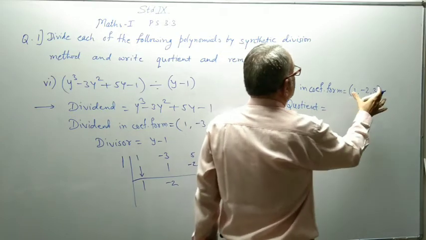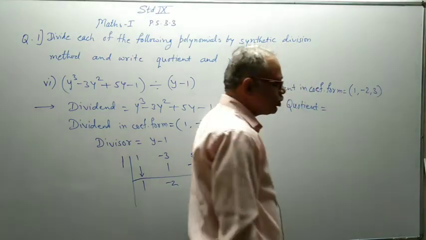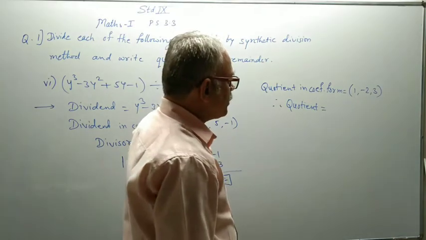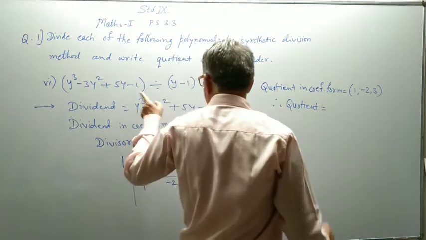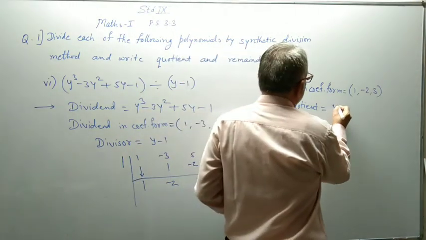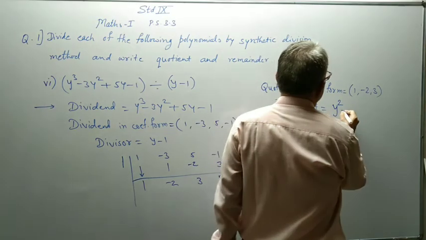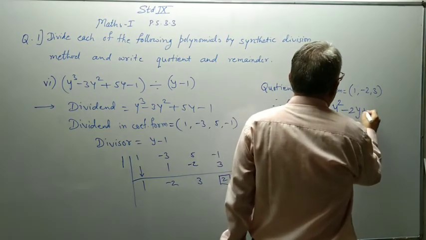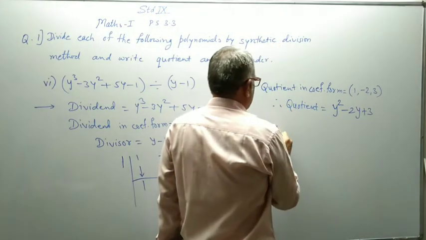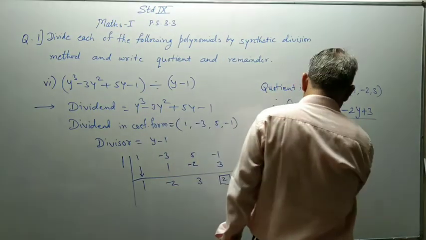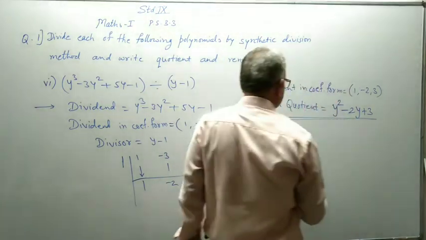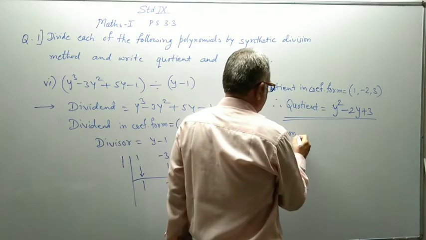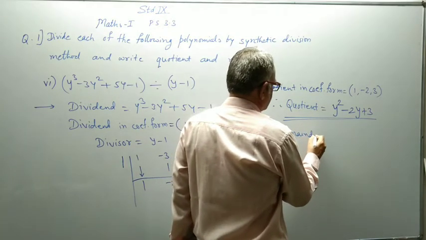But remember, here there are 3 terms, meaning the degree is 2. So many of you will start with 1x square. No. As the question is in y, the answer should be in y. 1y square means y square minus 2y plus 3. And the remainder is 2. Remainder is 2. Last box.